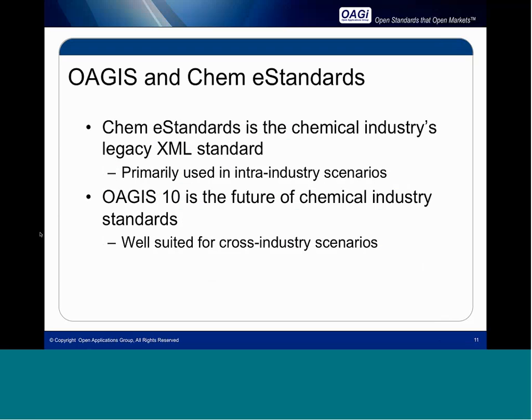And in fact, when the executives on the CIDEX Board of Directors considered the future of chemical industry standards, they looked for organizations that had a strong track record of cross-industry standards implementation. And so OAGi was the clear leader in that area, and that's why they selected OAGi to help the chemical industry maintain its standards in the future.